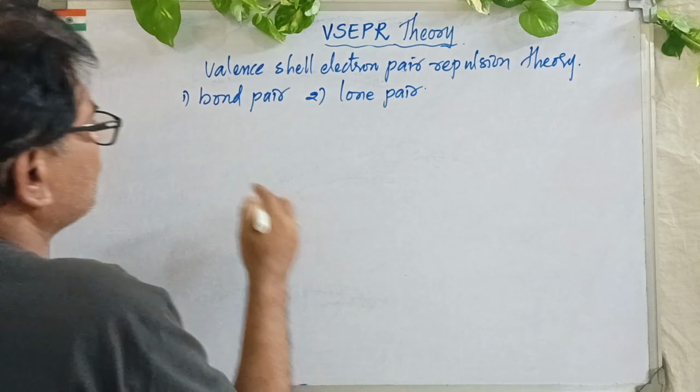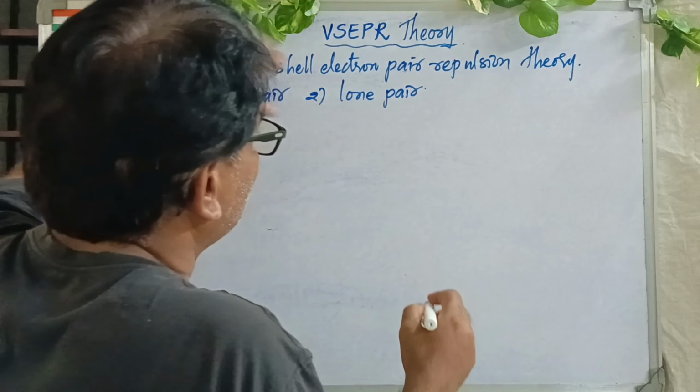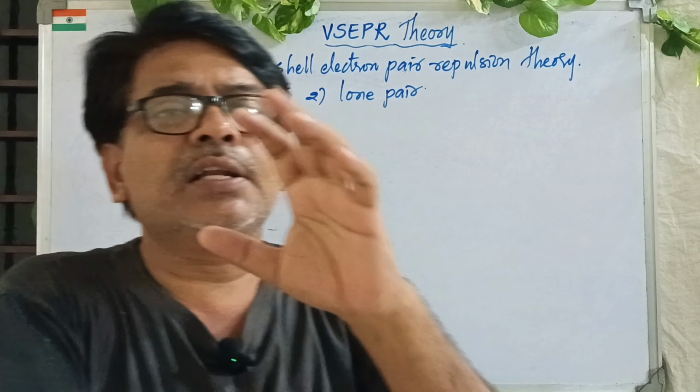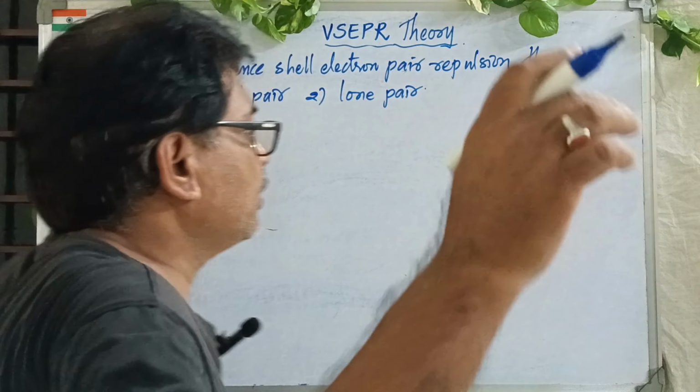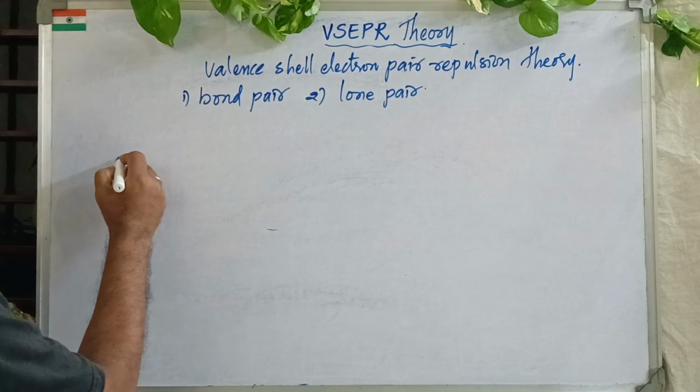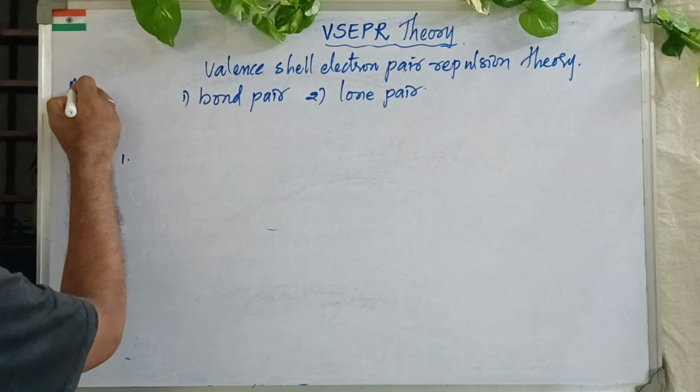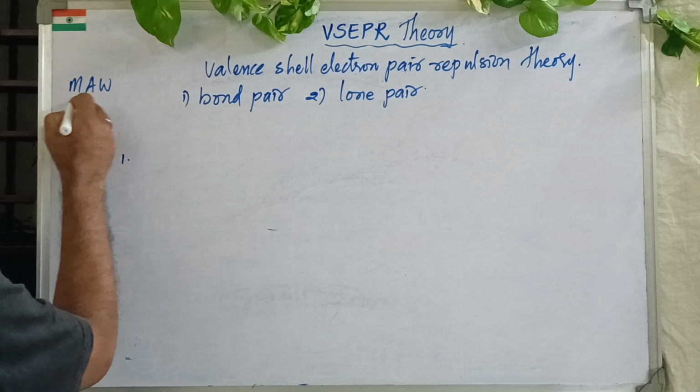Second thing, it is about how many pairs you have. In each molecular formula, there will be a central atom, and we have to identify it. Here I am going to take three things. Remember them as MAO.